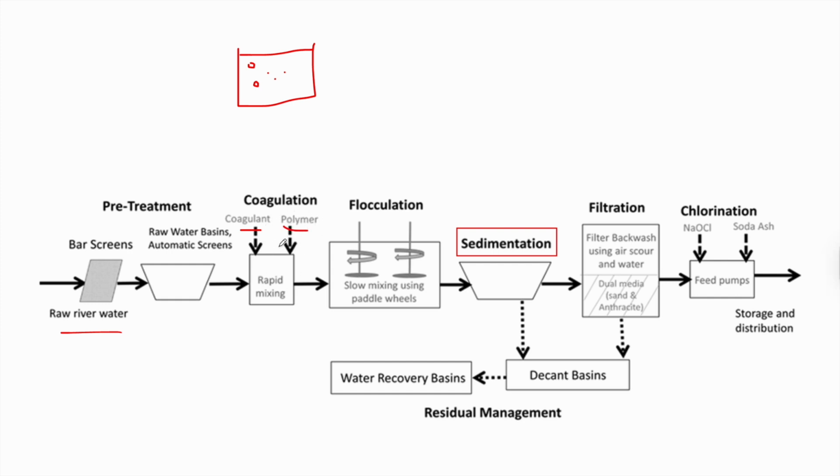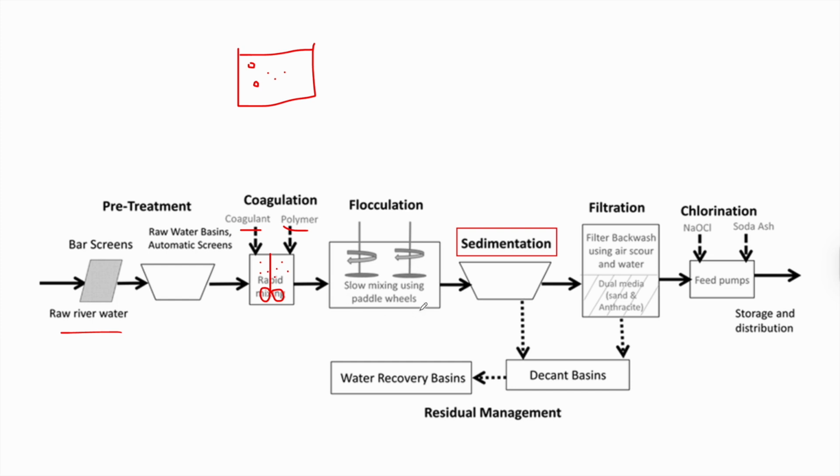And this coagulant will make the small particles clump together, so they will stick together to make a bigger particle. So in the coagulation process, we add the chemical and we rapid mix this chemical with the water for a few seconds, usually like 30 seconds.